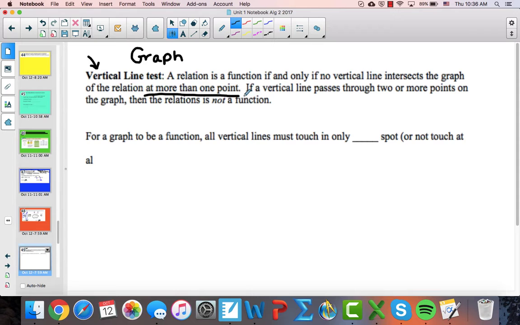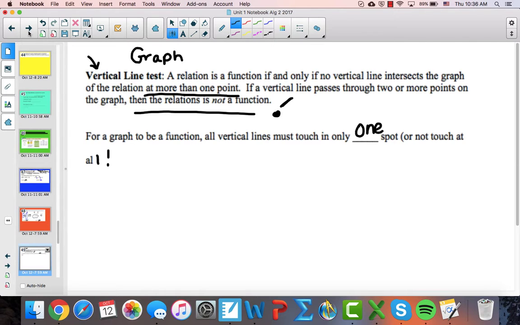And I think you need to fill that in, at more than one point. So basically, if a vertical line passes through 2 or more points on the graph, then the relation is not a function. I'll be looking that you wrote that in your notes. For a graph to be a function, all vertical lines must touch in only one spot or not touch at all, okay? Or not touch at all.